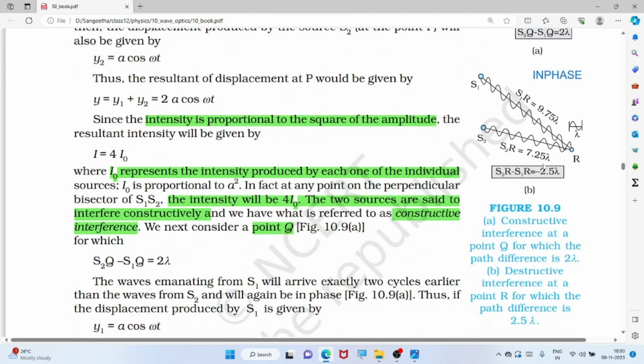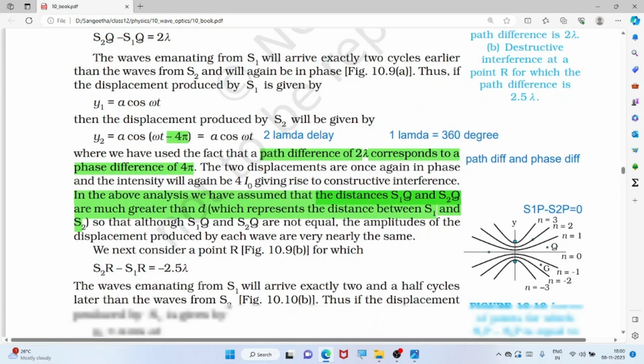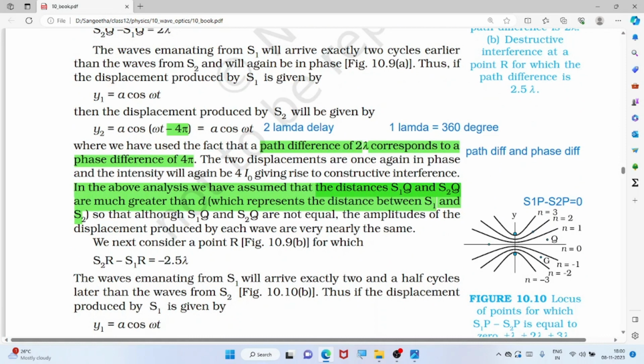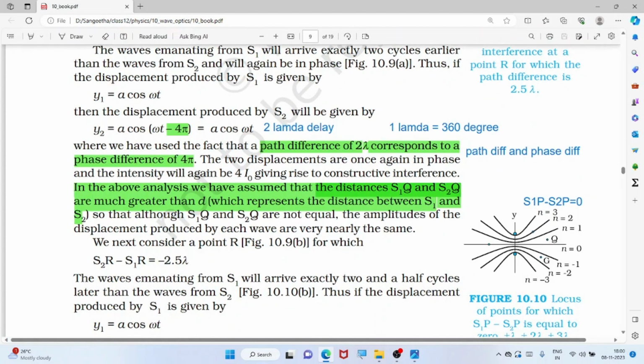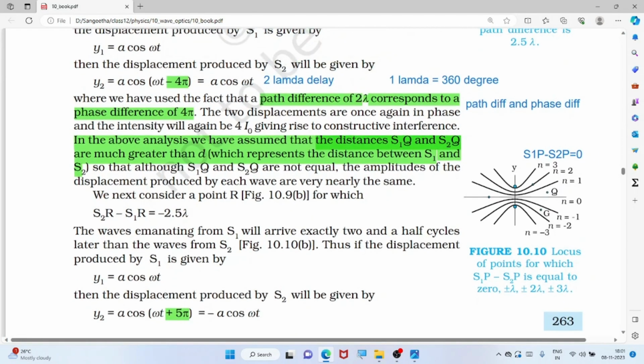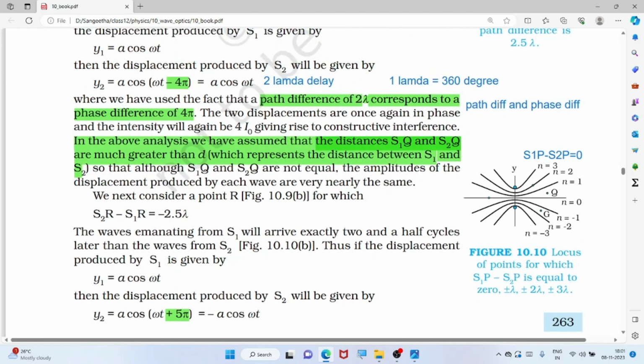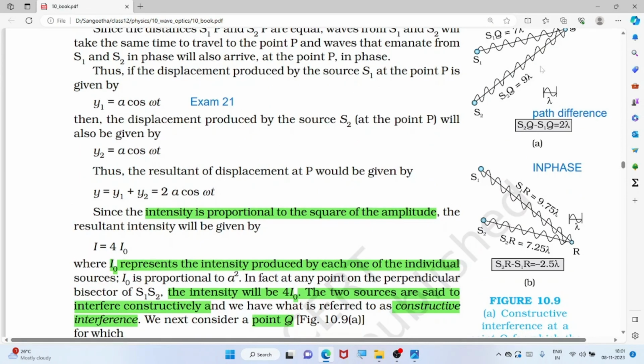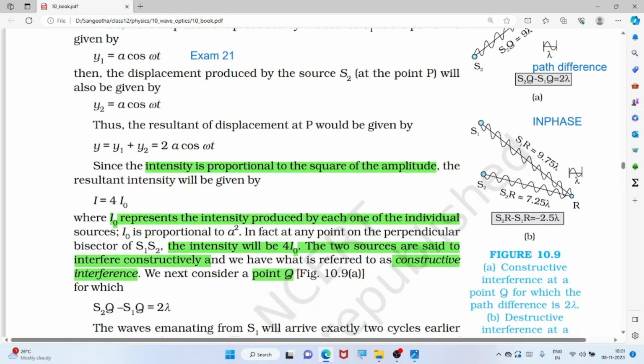Here there is a path difference and a phase difference of 180 degrees. The path difference of 2 lambda corresponds to 4 pi. That is, 1 lambda is 2 pi, 1 lambda equals 360 degrees, 2 pi. 2 lambda means 4 pi. So here there is a path difference of lambdas, no phase difference. Here there is path difference and phase difference.